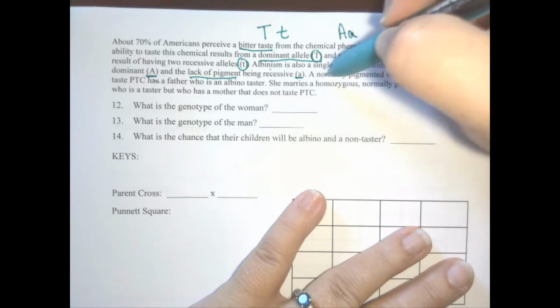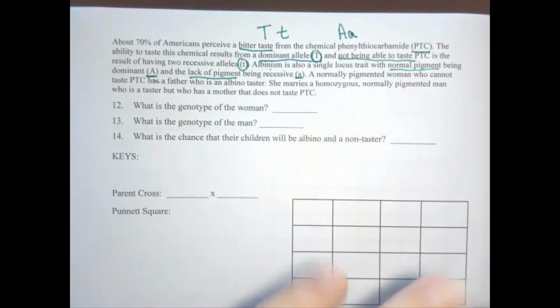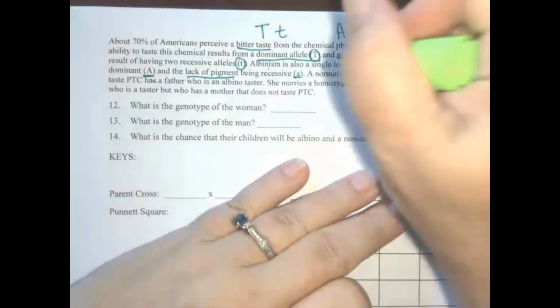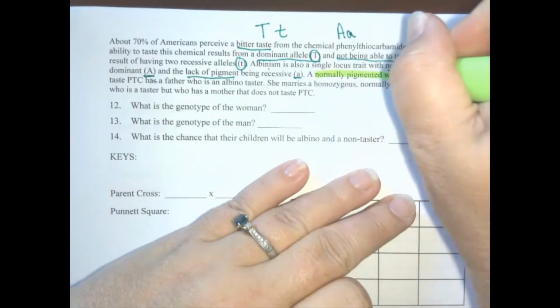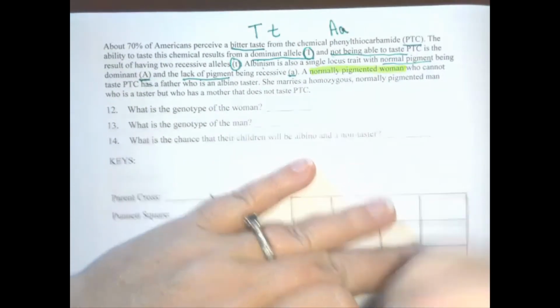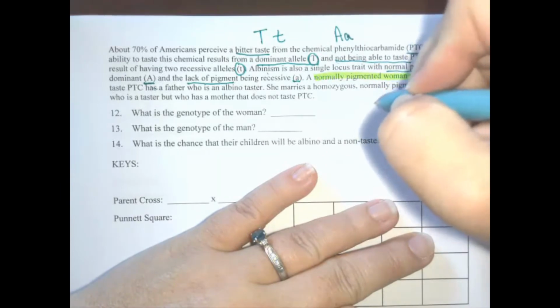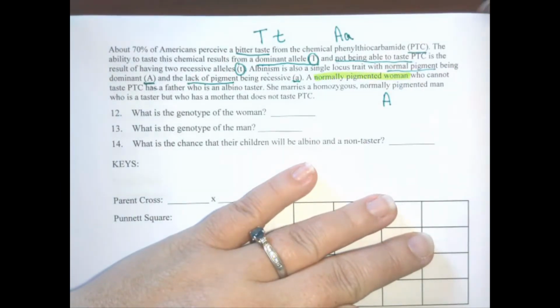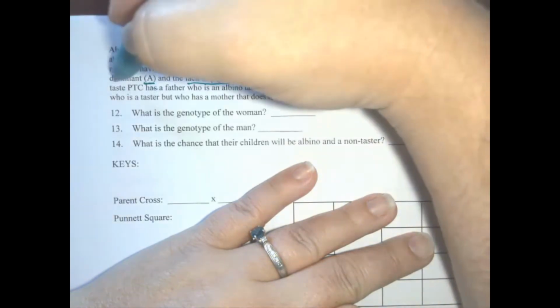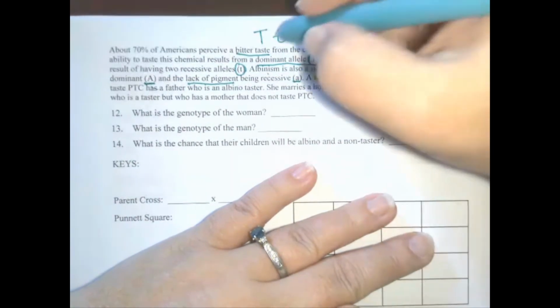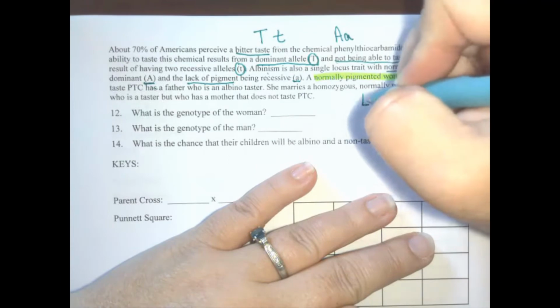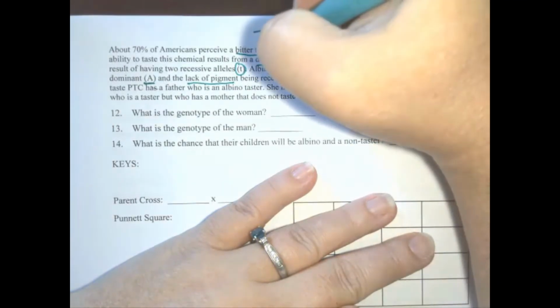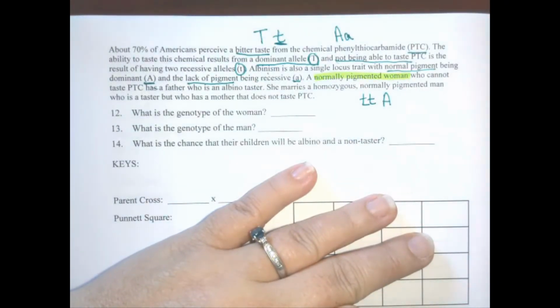All right, a normally pigmented woman. Okay, so if she has normal pigment, we know that she at least has a big A. Okay, who cannot taste PTC. She cannot taste this, so she's little t, because she cannot taste it, so she has to have the little letters.